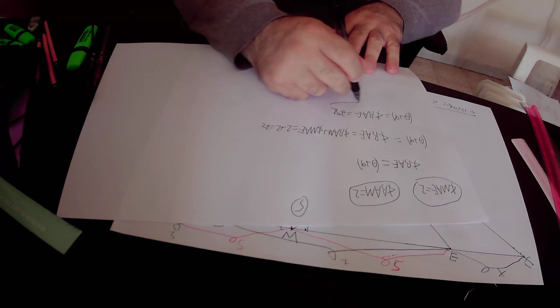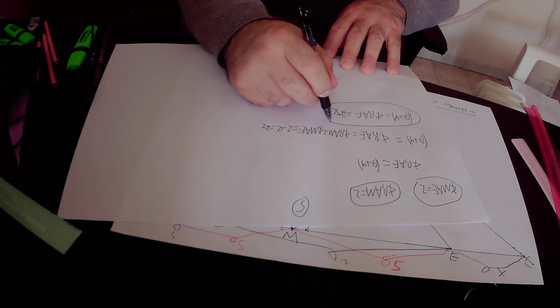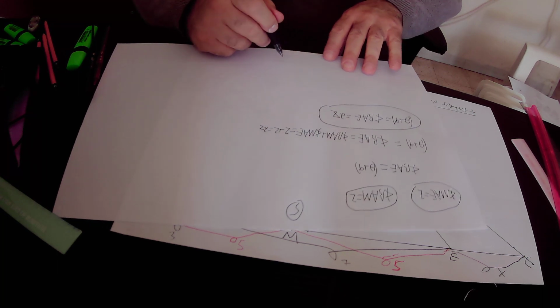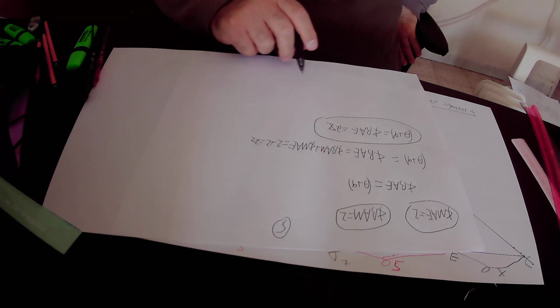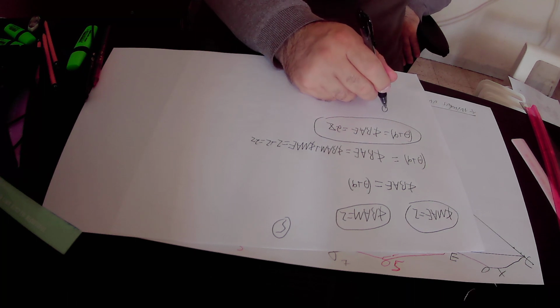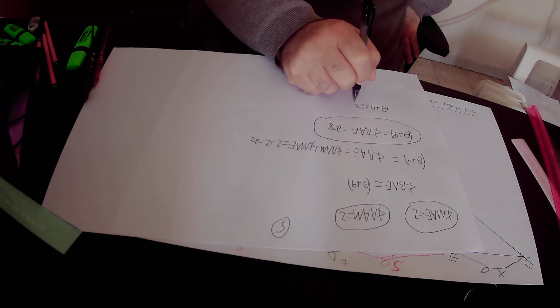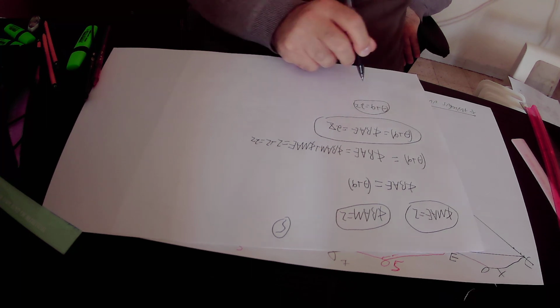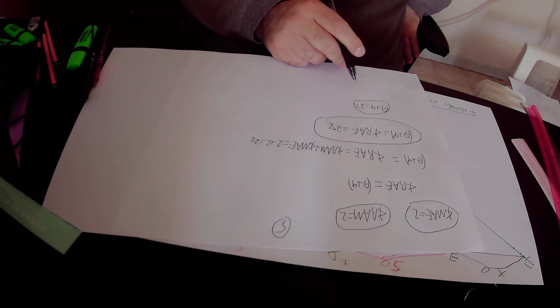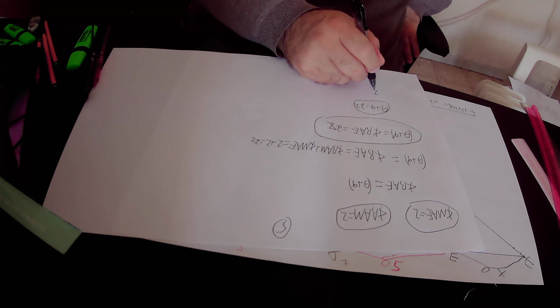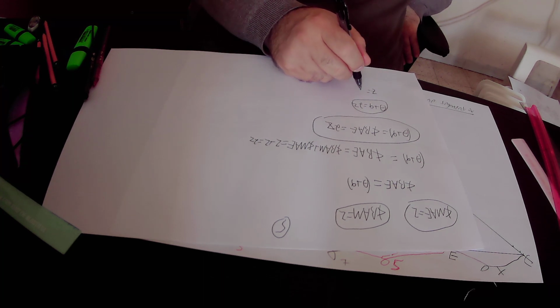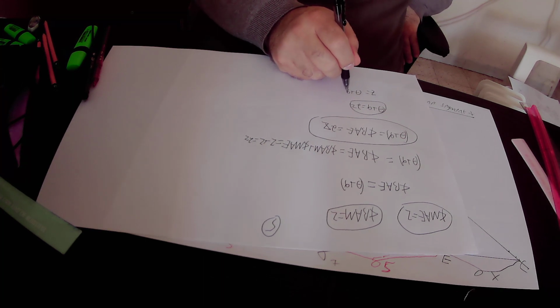So from this equation, theta plus alpha equals 2Z. We'll divide this equation by 2 and we'll get that Z equals theta plus alpha over 2.